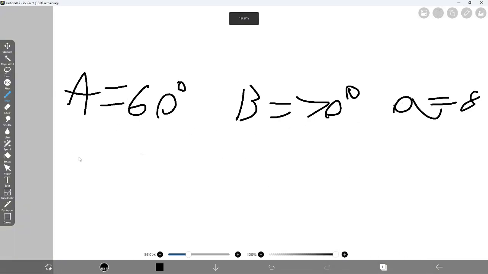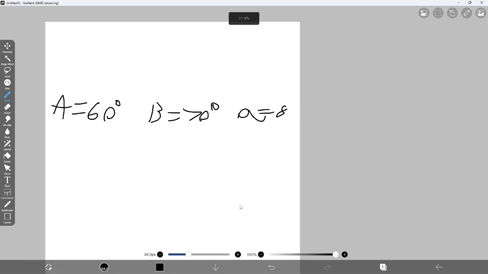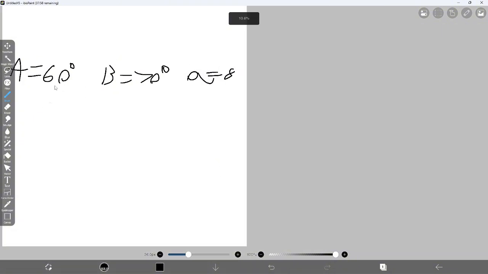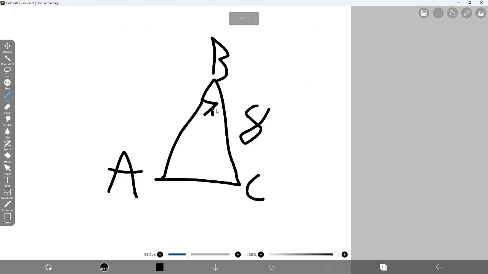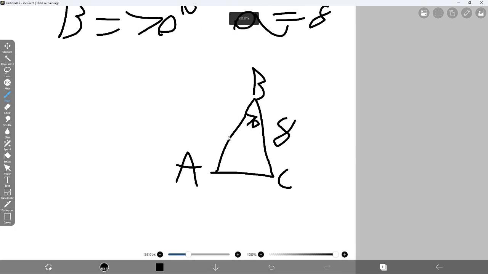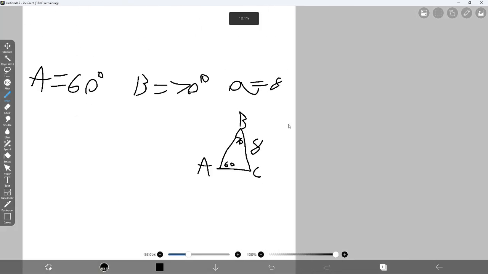Okay, so the first one we're dealing with is just this problem here. If you can't do it from this, you can always draw your triangle. So we have A, B, C, and our little a is 8. Our B is 70, and our A is 60. If you need to, this can also help.